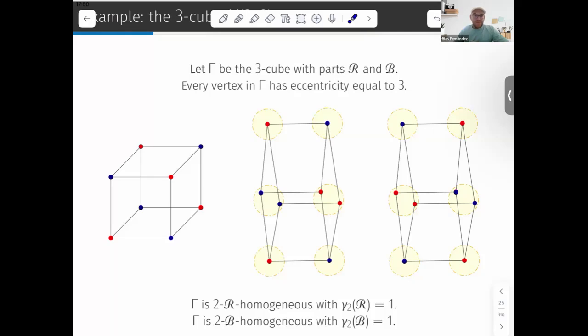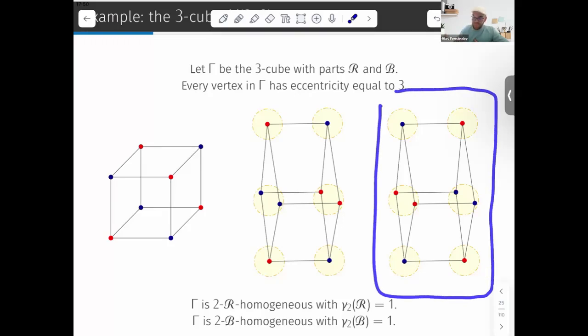Let's pick first a blue vertex, any blue vertex, and now any vertex which is at distance 2 from the vertex that we pick. And now we will consider this distance partition that I mentioned before. And it seems that for every blue vertex that we pick, and for every vertex at distance 2 from it, the picture is the same.